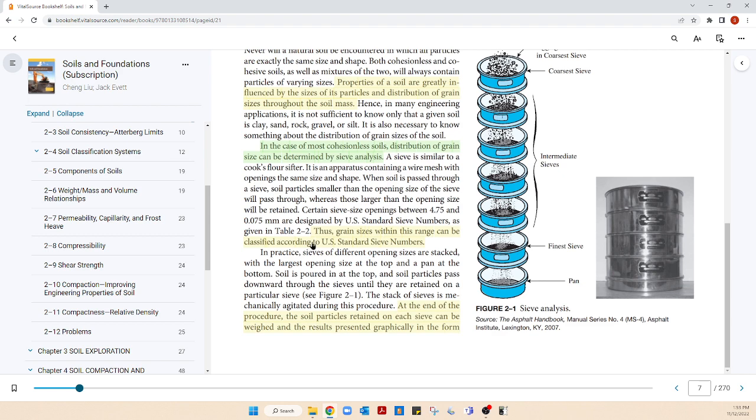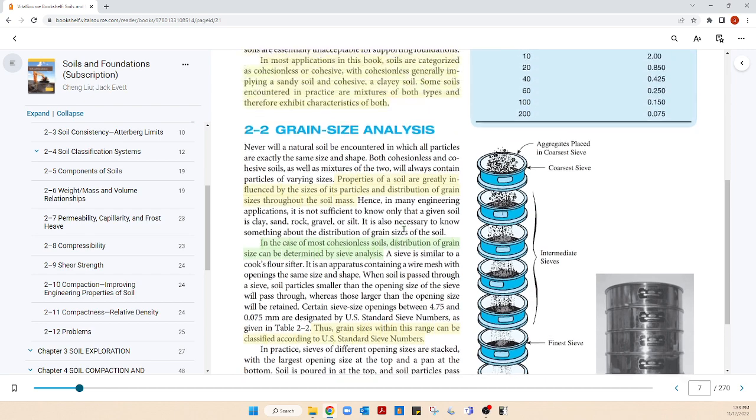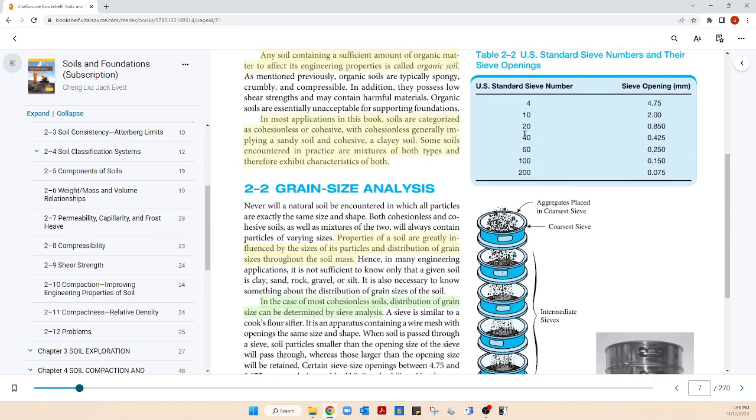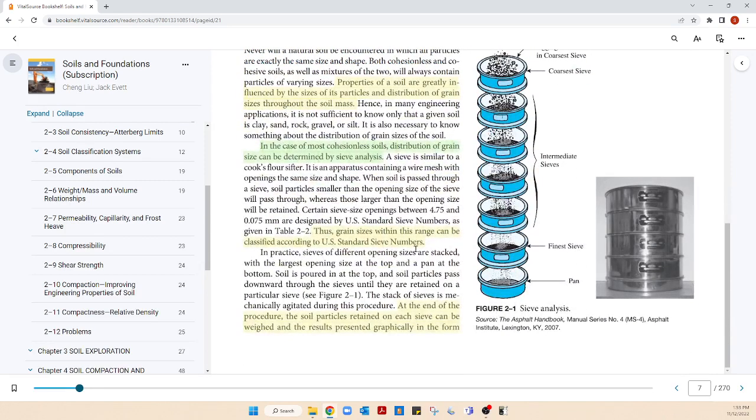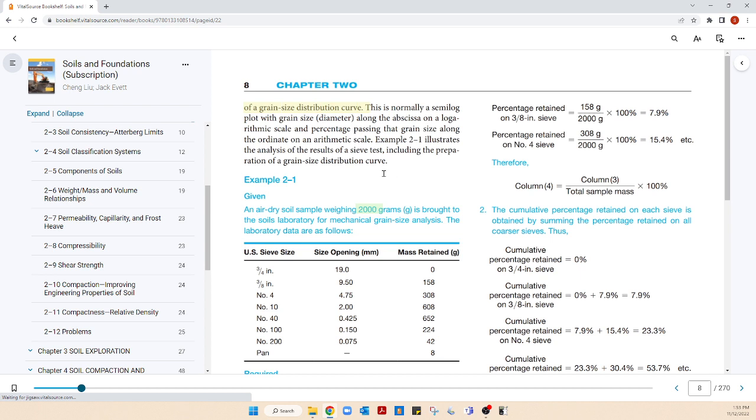Table 2-2 will get there. Within this range, soils can be classified according to U.S. sieve size. That's this guy right here we just looked at. Now, at the end of the procedure, after shaking, the soil particles retained on each sieve can be weighed and the results presented graphically in the form of a grain size distribution curve.